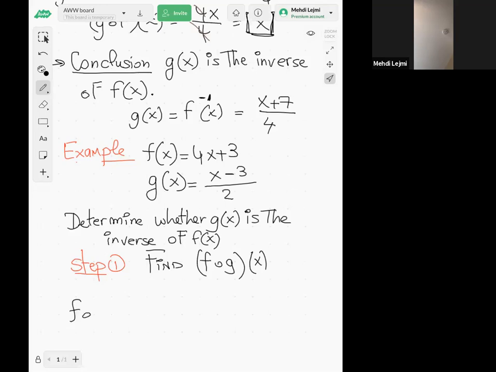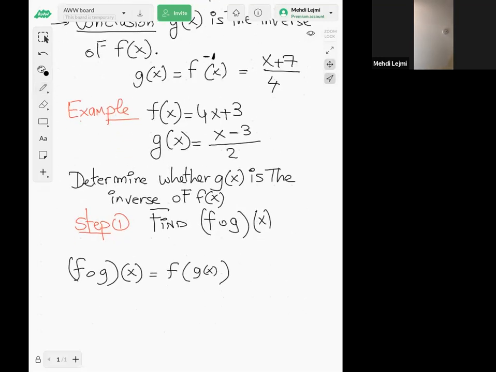Okay, so let's compute this f composed with g, right? So this is f composed with g of x, which is, again, by definition, f of g of x, right? So I want to compute this. Well, first I need my f. My f is, I'm going to write it down here. F of x is 4x plus 3, right?